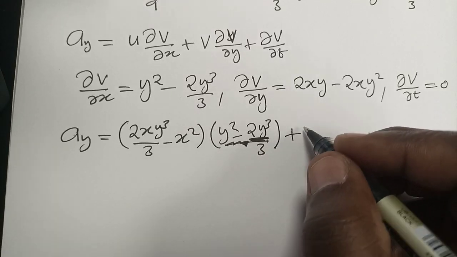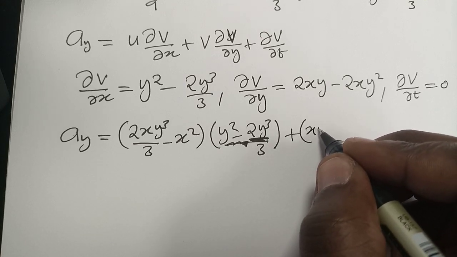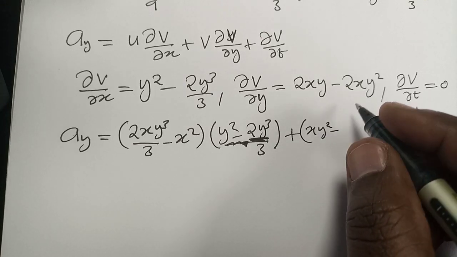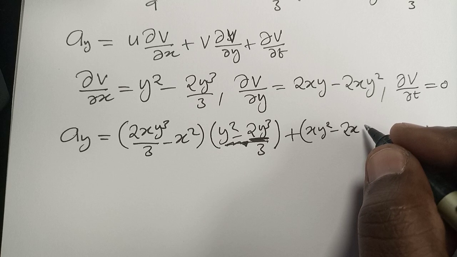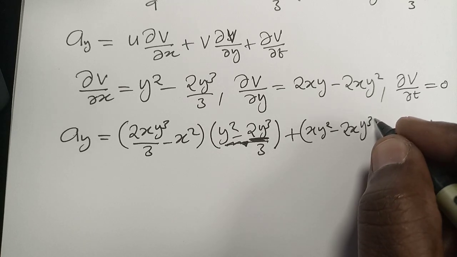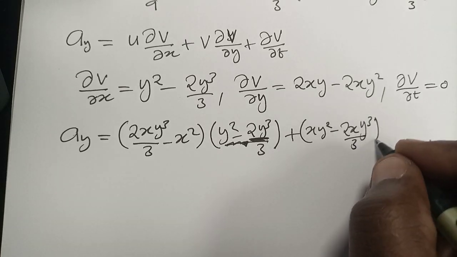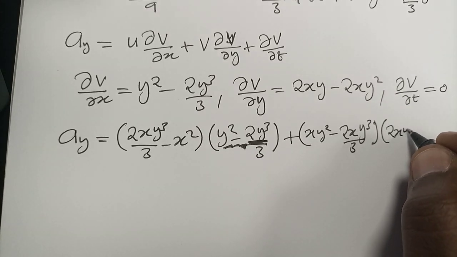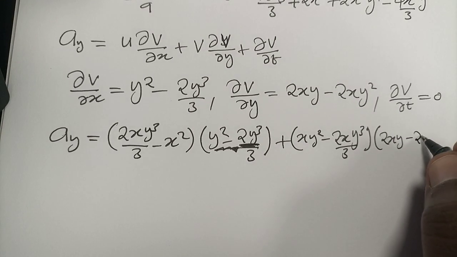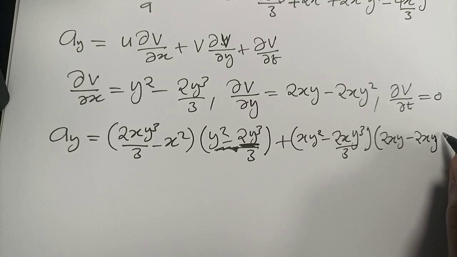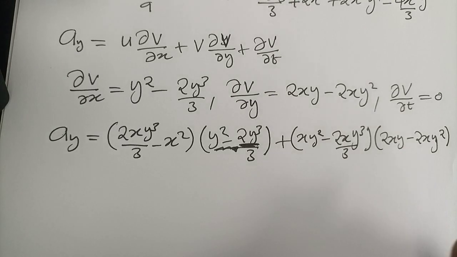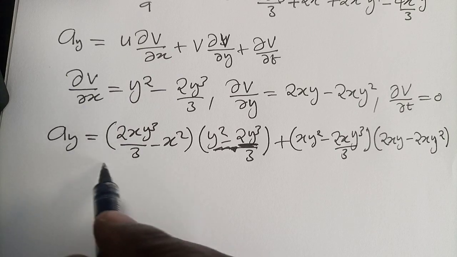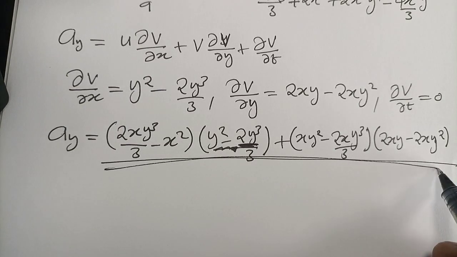Then plus the v, which is xy squared minus 2xy^3 over 3. Then the other component is 2xy minus 2xy squared. Okay, so this is the other component for the acceleration.